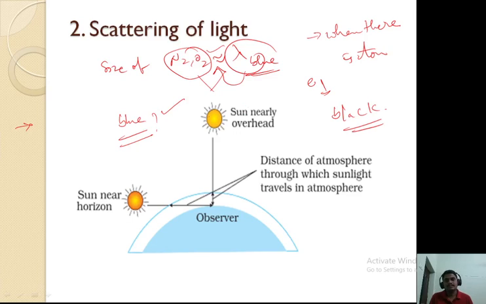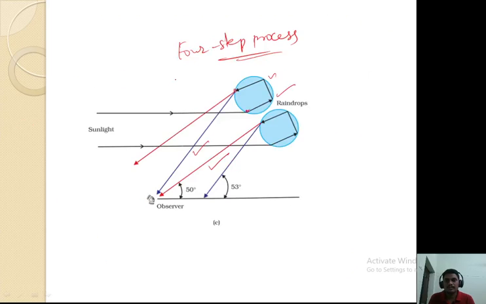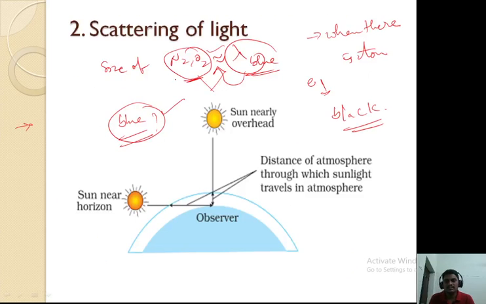Because of their size, which is comparable with the wavelength, and blue is more sensitive. That is why we see the blue color. This is about some natural phenomena due to sunlight: we have discussed the formation of rainbows and the scattering of light.